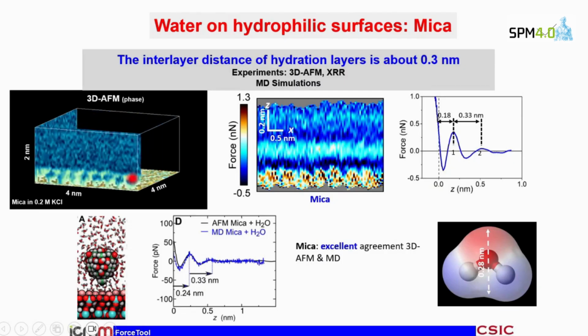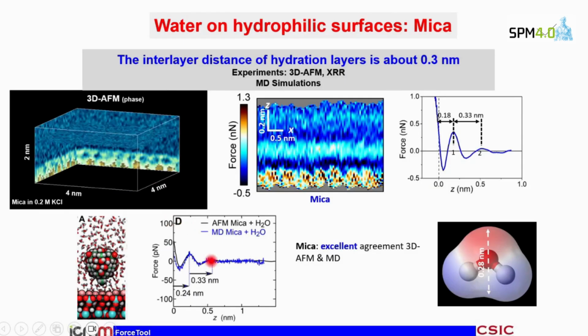When we measure the distance between the layers, we get 3 angstrom, which is what should happen for the size of the water molecule, and it fits molecular dynamics simulations. So when you put water in contact with a hydrophilic surface, the layering of the water is 3 angstrom, which is what it should be.